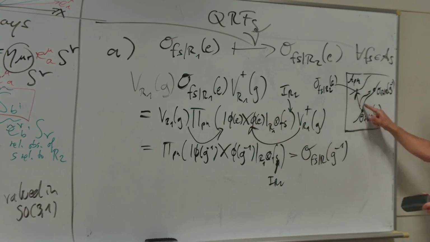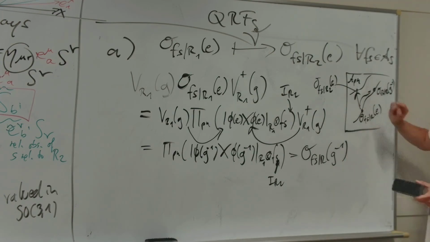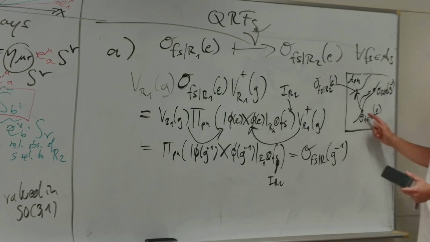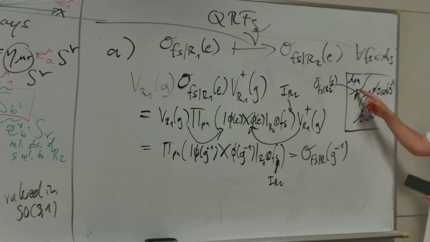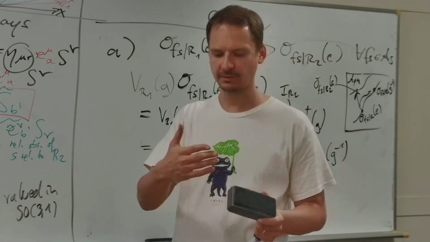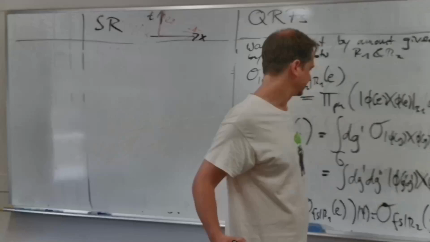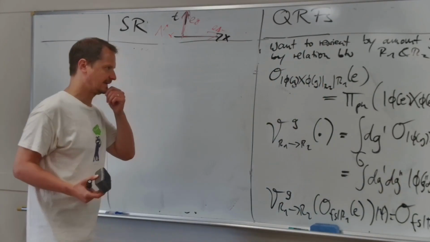Okay, E and E. Well, in this case, the way I wrote it down, I went from E to G. E to G, okay, yes. But the thing is, you can always write it as going from E to E and then doing a reorientation on the second frame. So the two effects are already included there, right? Yes. I see. Thank you.